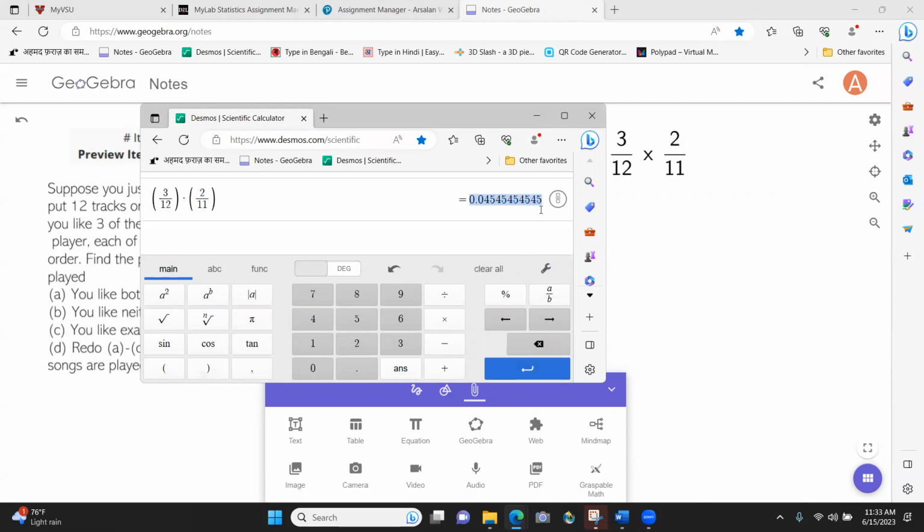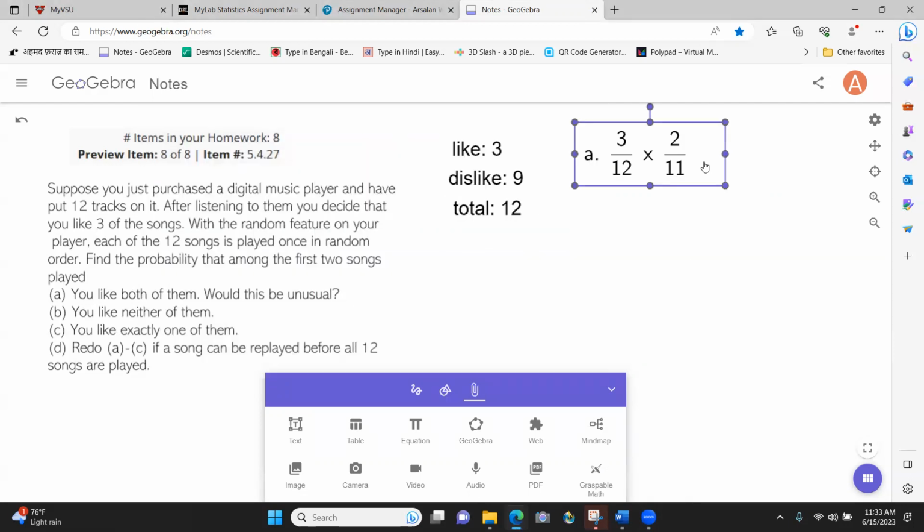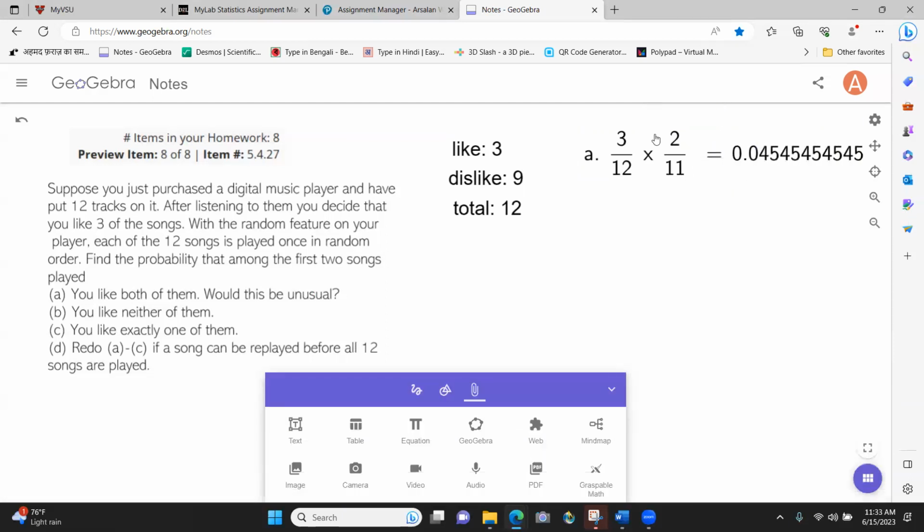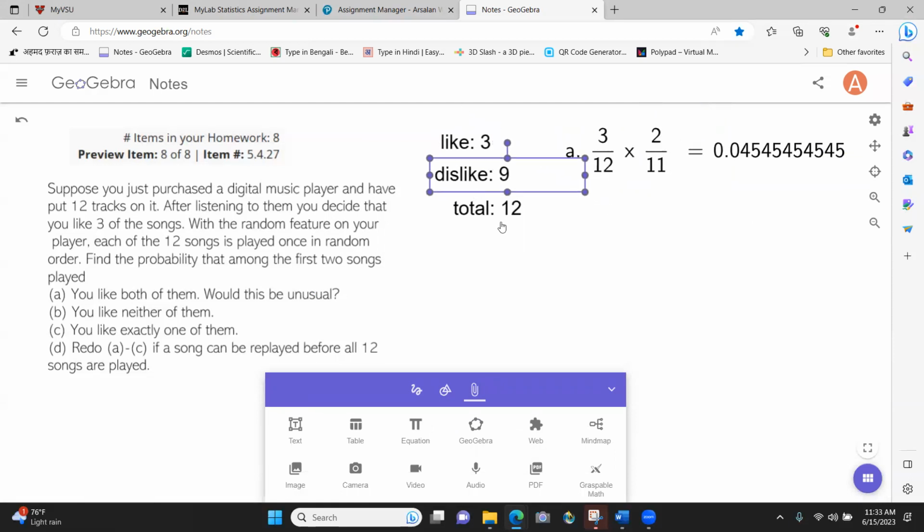However they want to do it, I'm going to write the whole thing. If they say correct to three decimal places, you're going to do it. If they say correct to four decimal places, you're going to do it. Your exam will be from the homework. When you're taking the exam, it'll feel like you are doing homework problems.